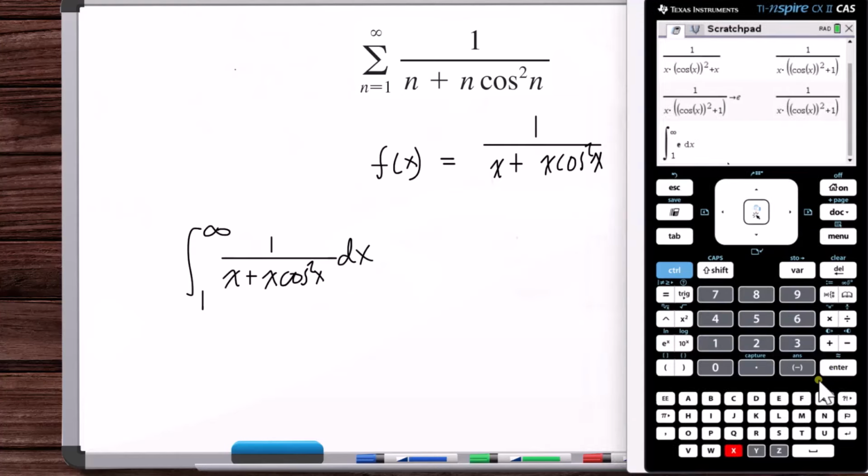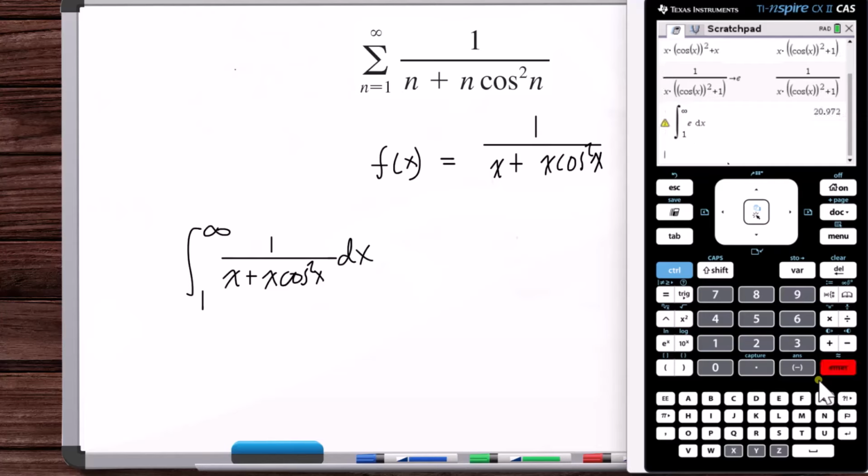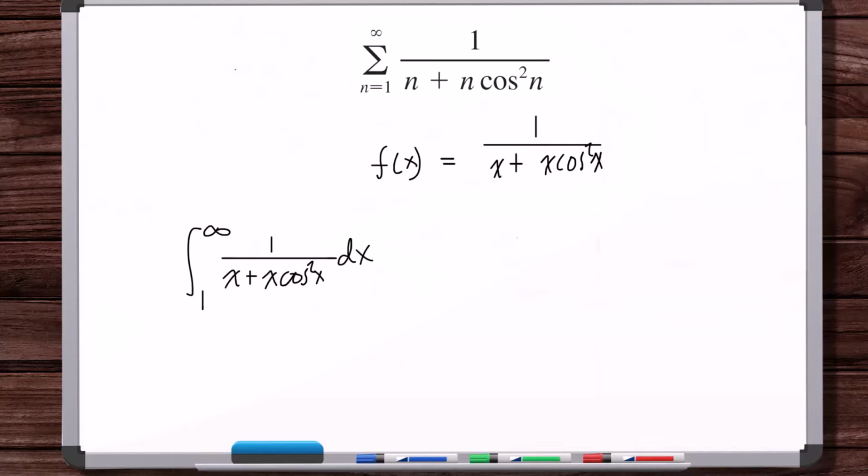Okay, it looks like it's taking a little while to do it, so maybe it's not going to be able to get an answer here. If it doesn't give us an answer, then what do we do next? Okay, it did give an answer, but what's the warning? Questionable accuracy. Okay, but it does converge, so convergent.